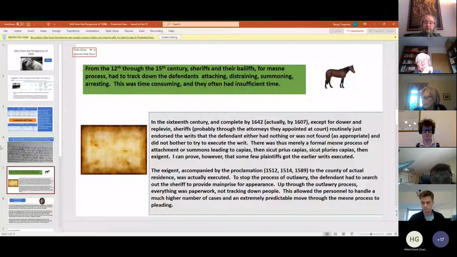Sure. So this allowed for sheriffs to handle a much larger number of cases, and allowed the jurisdiction of the Court of Common Pleas to extend fictitiously on the plea roll, but in reality, in fact, on the ground, to Wales.